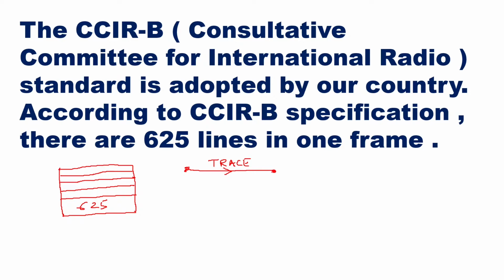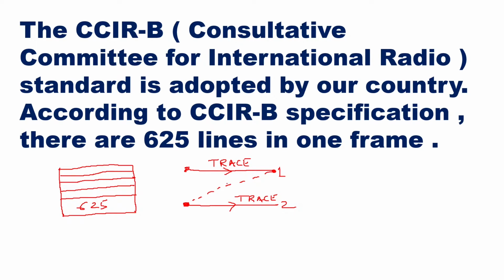Then, to go to the next line, you have a blank period, and then the next line starts its trace. Here you can see the trace for the next line. This is line number one, this is line number two.